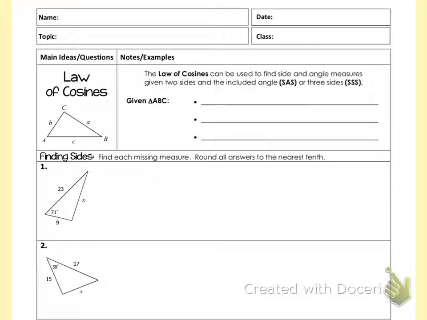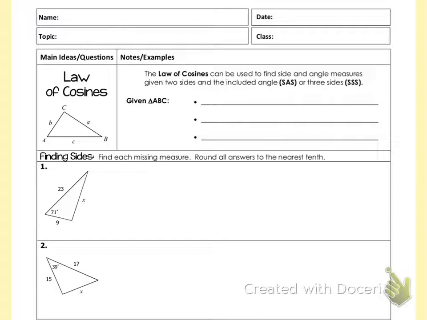Even though you'll usually see it stated three different ways, I usually just focus on one, and it's one that looks a lot like another relationship. See if you can name it as I start to write the law of cosines.